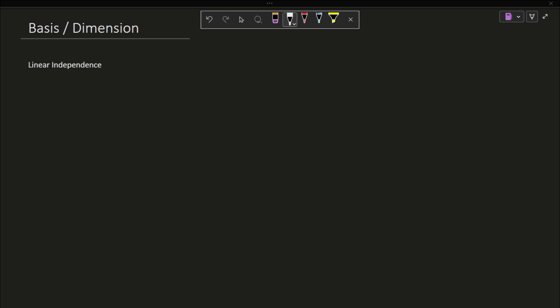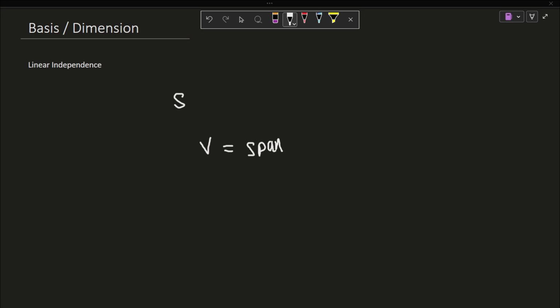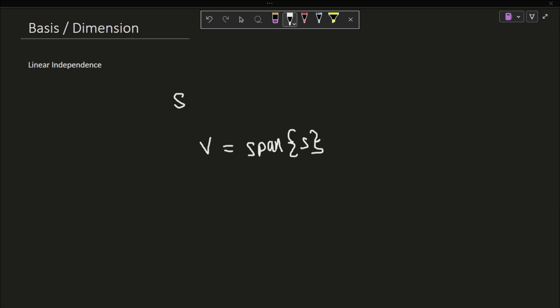And so this means that we need to have a set of vectors which we're going to call S, and S needs to be a spanning set for V. So basically what that means is that V equals the span of our set S. We use curly braces here because it is a set.